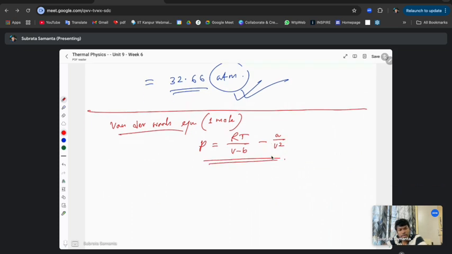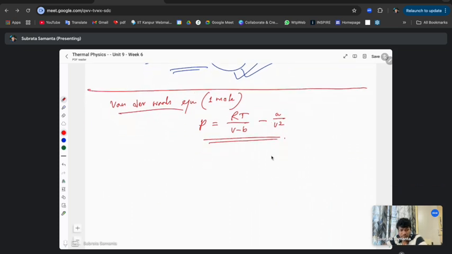If we write this equation in terms of reduced variables, I define the reduced variables: PR, the reduced variable, is P over Pc; VR is V over Vc; and TR is T over Tc.